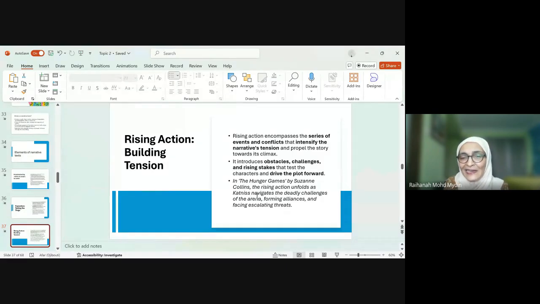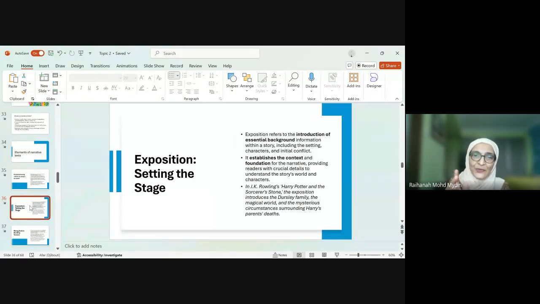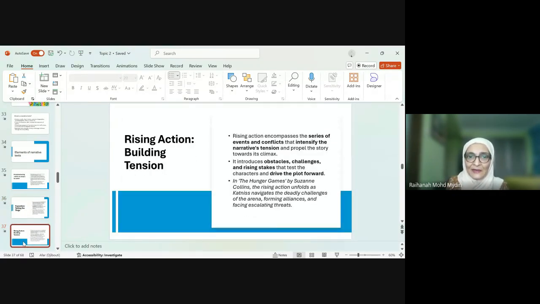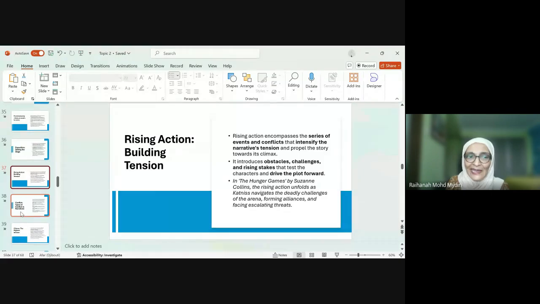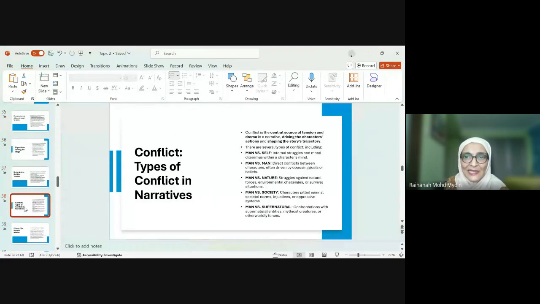And in The Hunger Games, for instance, by Suzanne Collins, the rising action unfolds as the central character navigates the various challenges of the Hunger Games, right? Opportunities to form alliances, escalating threats. Those aspects are part of the rising action. So I want you to distinguish between the exposition and the rising action. Any questions, please post it in the WhatsApp group.